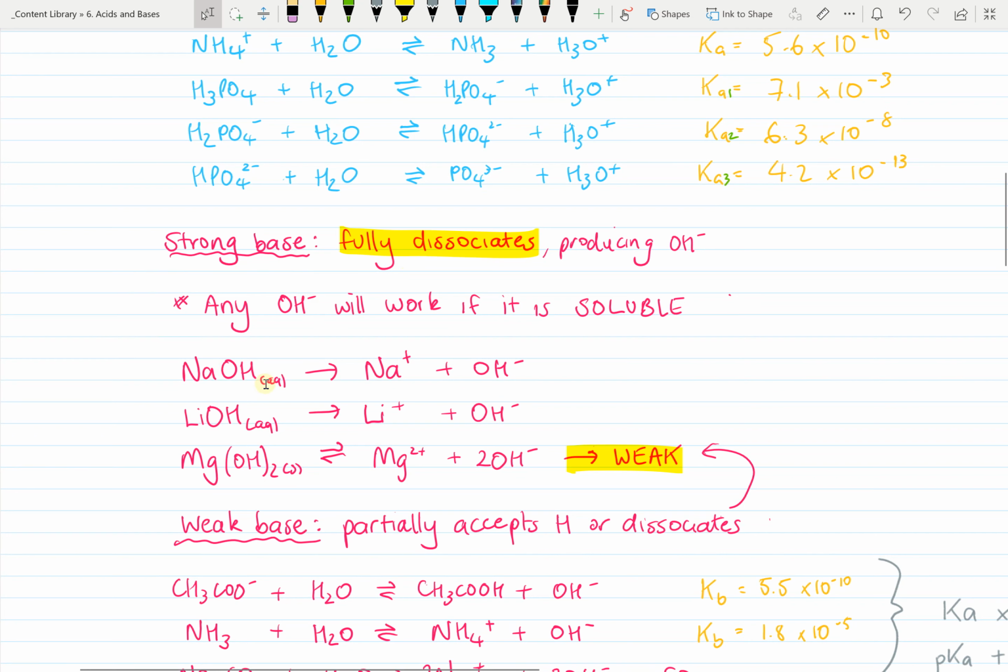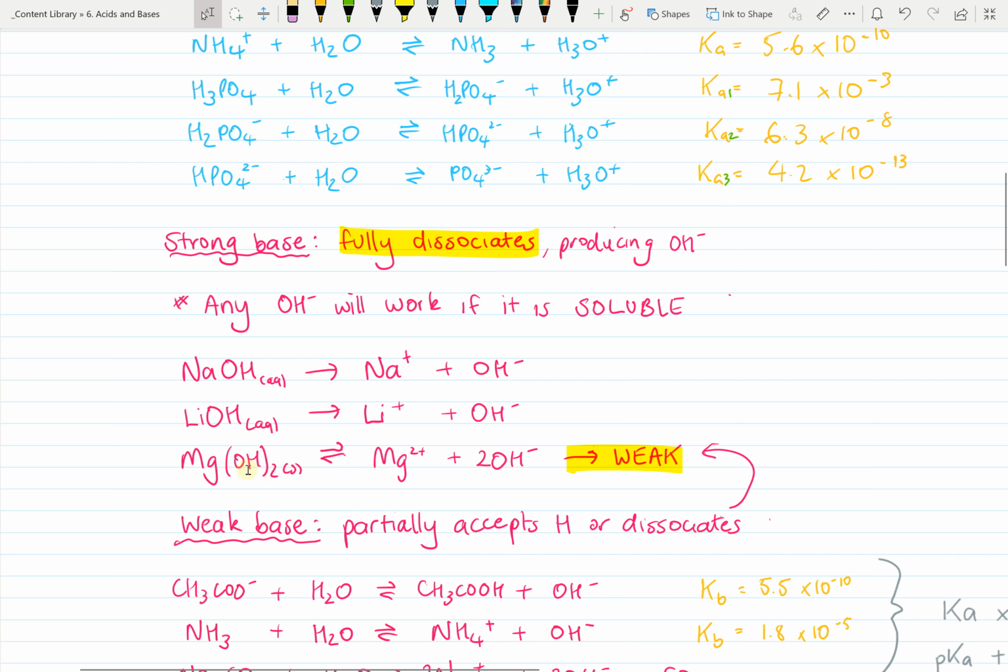So for instance, sodium hydroxide, lithium hydroxide, ammonium hydroxide, think about your solubility rules, potassium hydroxide, all of them, because they fully dissolve and they give a strong contribution to hydroxide.